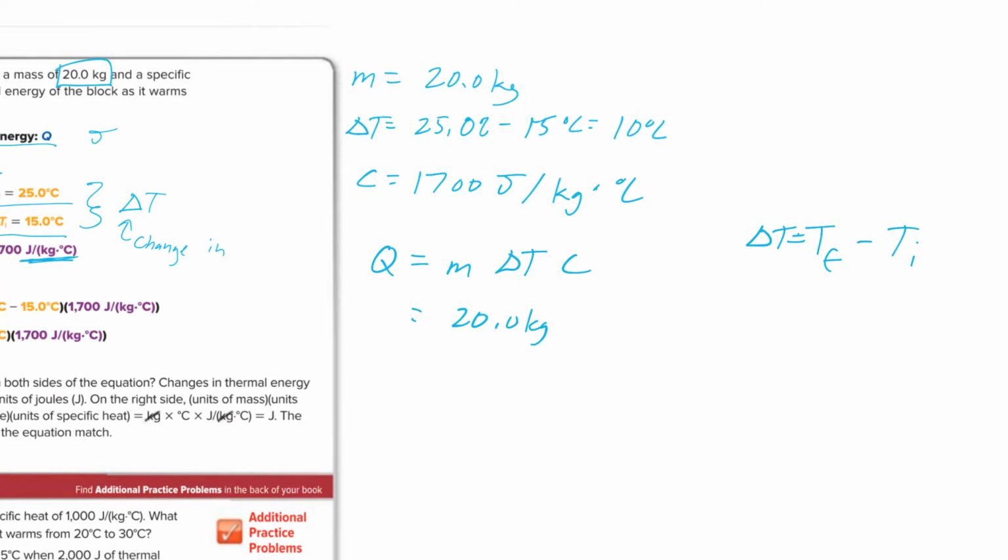And we already figured out delta T is 10 degrees Celsius. And then C is 1700 joules per kilogram degrees Celsius. Now the kilogram and the degrees Celsius are on the bottom of the fraction, so they're going to cancel. So really just multiply this together now: 20 times 10 times 1700.